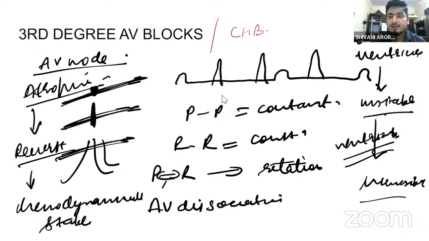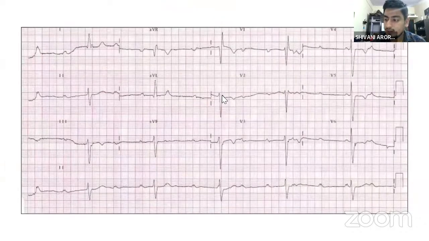Now in this ECG, we can see that this is a P wave. This is a P wave. This is a P wave. Here, this is a P wave which is merged on the T wave. This is a P wave, and this is QRS.